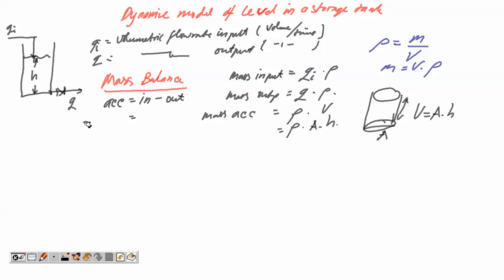The complete equation is: accumulation is rho A H, the input is rho Qi, and the output is rho Q.